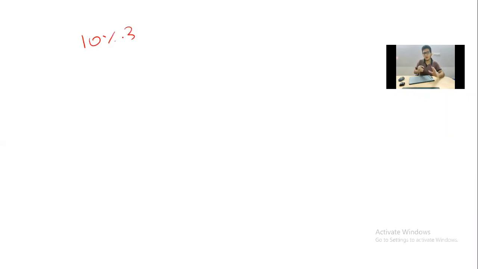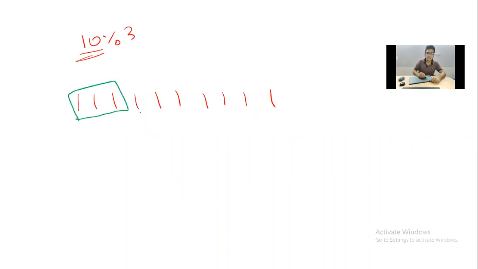If division is very difficult for you, then what you can do is, the number you see here is 10, so you draw 10 sticks. 1, 2, 3, 4, 5, 6, 7, 8, 9, 10 sticks I have drawn. And you see 3 here, so you group 3 sticks together like this. Then whichever stick is remaining, that is the answer. So one stick is there. So 10 mod 3 answer is 1. I hope this concept is easy for you.